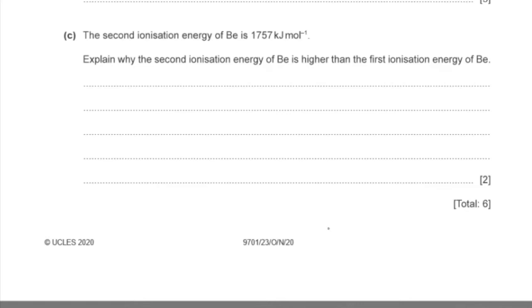So we shall write that the beryllium ion, which is Be+, is a much smaller ion, and the electron being removed from the 2s subshell has greater nuclear attraction than the first electron being removed in the first ionization energy.